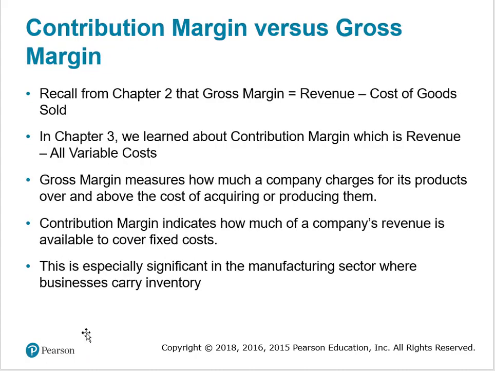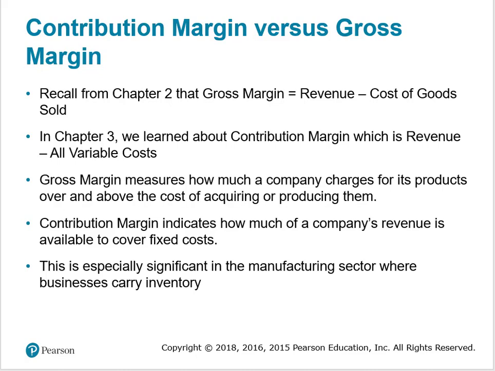The gross margin is obtained from subtracting all manufacturing costs from revenues. Those manufacturing costs include fixed as well as variable, whereas contribution margin is obtained by subtracting all variable costs, both manufacturing and non-manufacturing, from revenues. In a period when there's no change in inventory, and I can't imagine how that happens, the operating income will not differ between the two calculations.